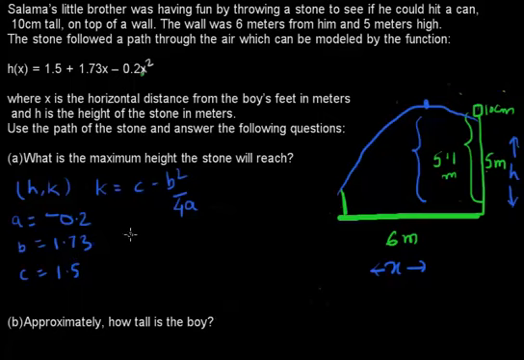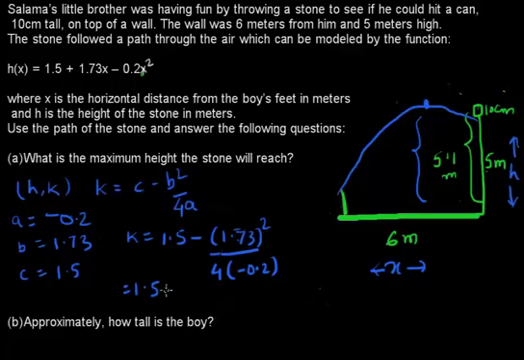Substituting, k equals 1.5 minus 1.73 whole square over 4 times minus 0.2. 4 times 0.2 is 0.8, and minus times minus is plus.